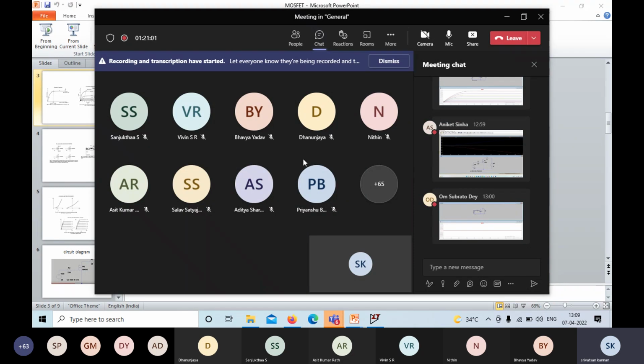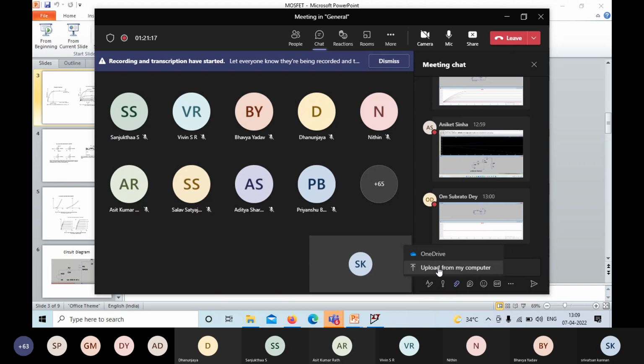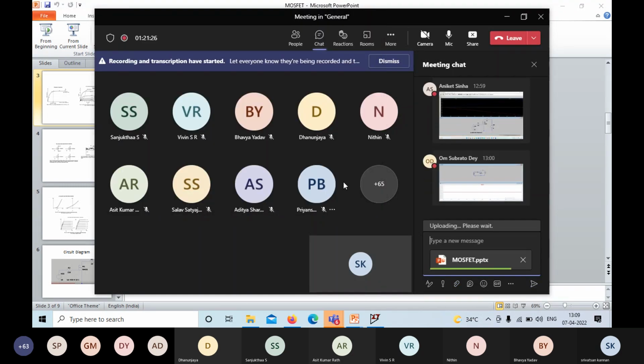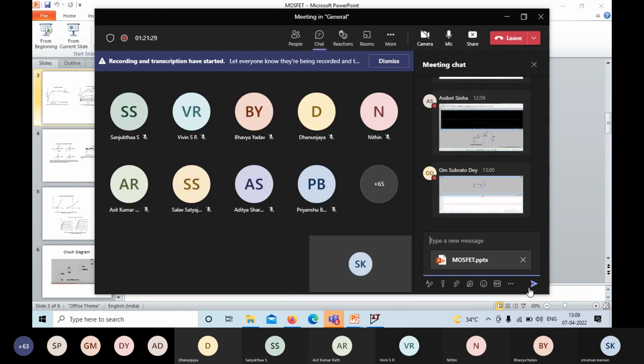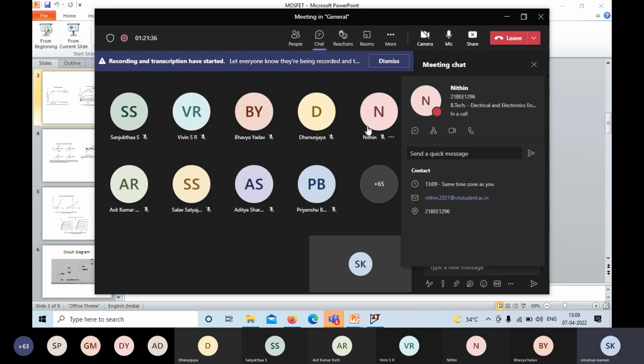All of you upload this MOSFET characteristics for this class. I'll upload the PPT now. If you got the PPT of MOSFET, please prepare the lab report for this class, and I'll create a link today and you can upload it.